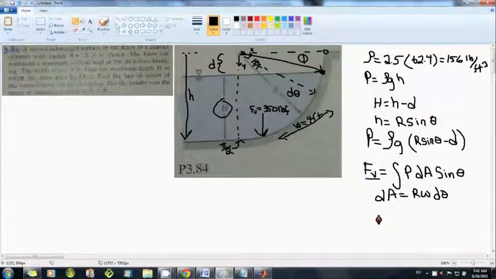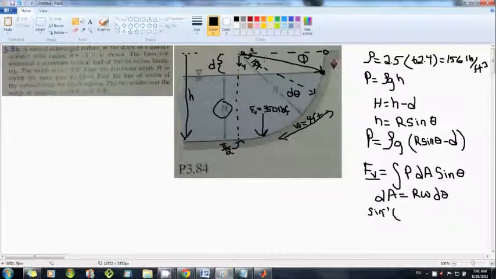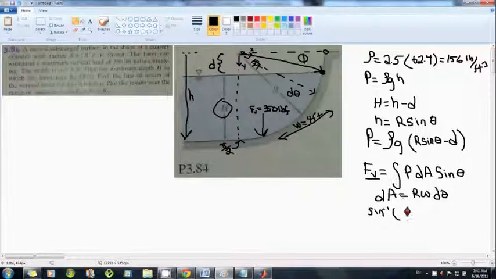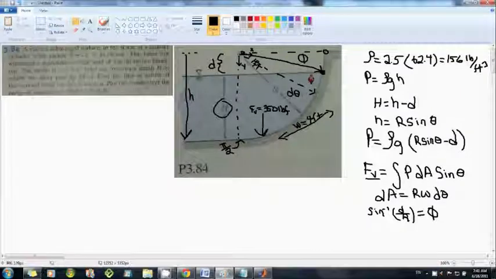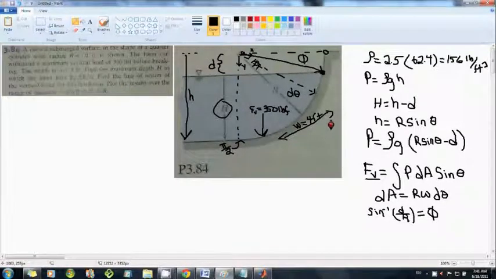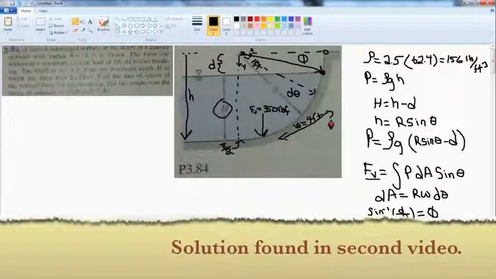So the inverse sine, opposite over hypotenuse, will be d over r, which is equal to phi. So now I know where I can start. I can start from here, and I can end up at this angle. So I know this height. Other than that, I think we are pretty much done and ready to crunch some numbers.